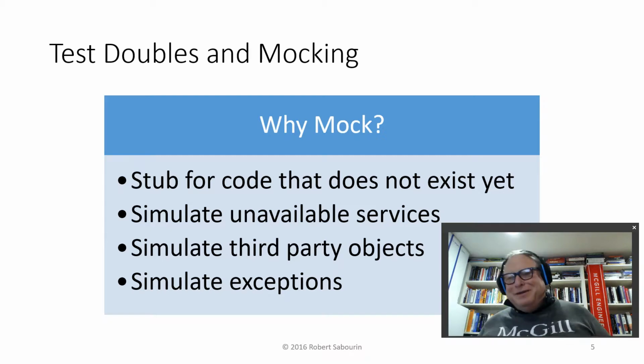So totally fake, but useful for me. That's for code that doesn't exist. Of course, when the code comes into existence, then we'll get rid of the mock object and replace it with the real object. Simulate unavailable or expensive to access services. Simulate third-party objects that maybe we don't have, or we don't want to use the real one all the time.